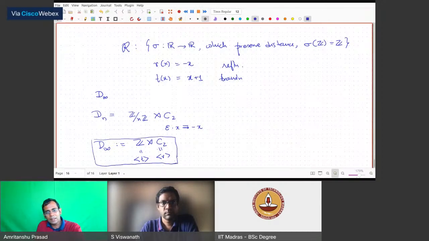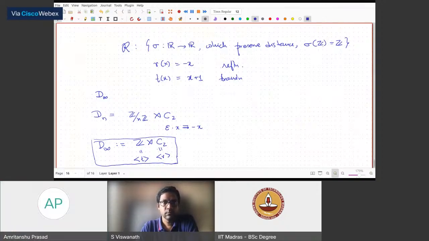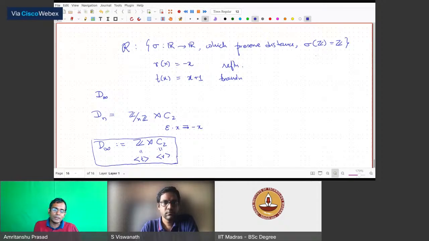I talked earlier about rigid motions of three-dimensional space. If you don't have this condition sigma z equals z, then this is actually R semi-direct product C2, and these are the rigid motions of the real line.